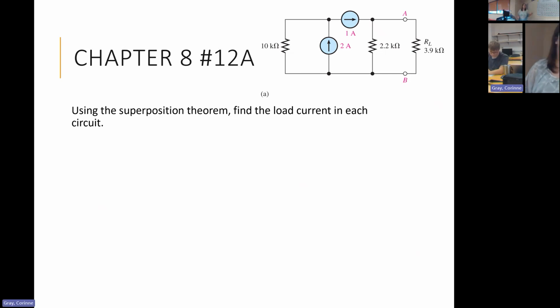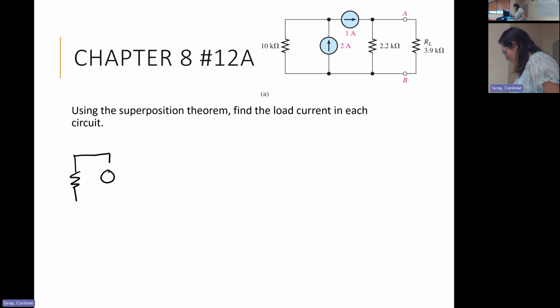So the first thing we're going to do is leave the up source. We're going to take out the source that's pointing to the right. So we're going to redraw our circuit to the best of our abilities. For the one that we're taking out, we're going to leave it with a break in the circuit.